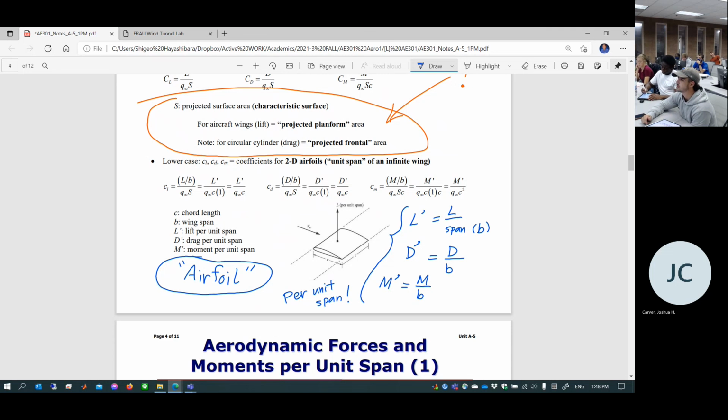This is called the airfoil 2D lift coefficient. Same here, this is the airfoil 2D drag coefficient. This is the airfoil 2D pitch moment coefficient. Now, in order to differentiate the actual wing from the 2D airfoil, we are going to use lowercase. So lowercase means 2D airfoil coefficients. We are always going to start from there before we build the 3D wing.